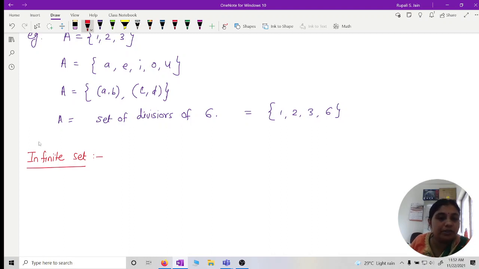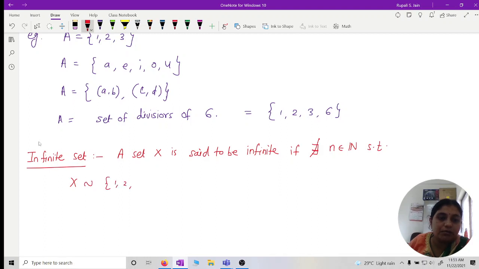If it is not finite, right? A set X is said to be infinite if it is not finite, meaning there does not exist a natural number n belonging to N such that X is equivalent to {1, 2, up to n}, right?